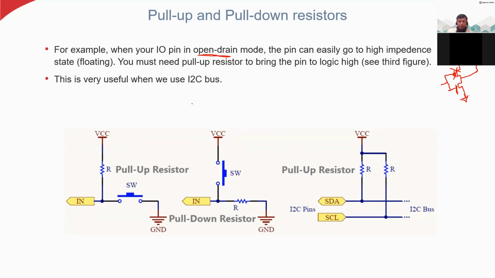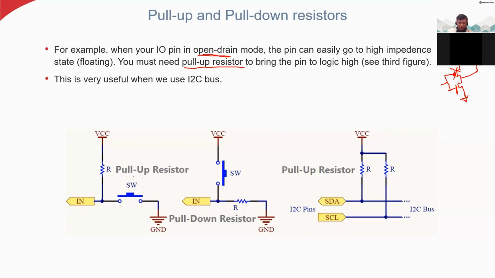At that time, we must use this pull up resistor to bring the pin to logic high. So here you can see we have the pull up resistor and we have the switch, and here we have the input pin. The other end of the switch is connected to the ground. This is the pull up resistor, and for the pull down resistor we are just exchanging the position.